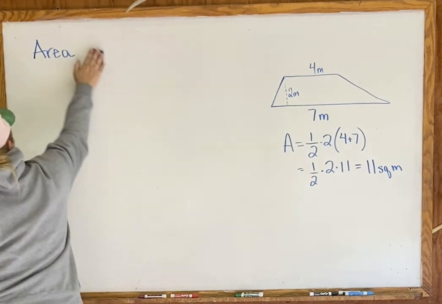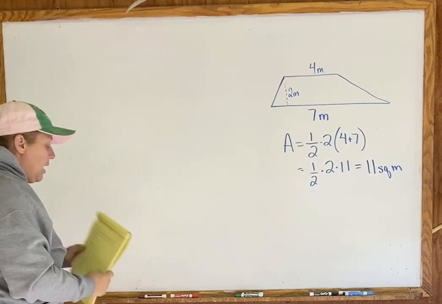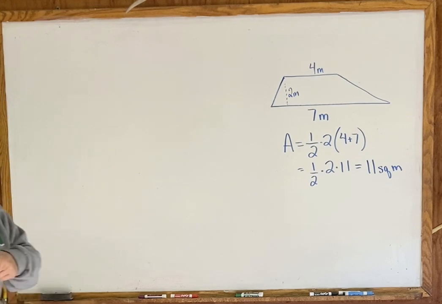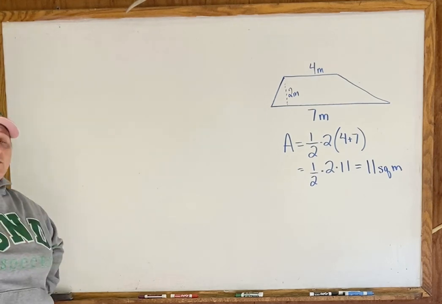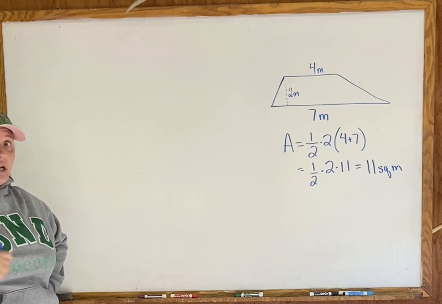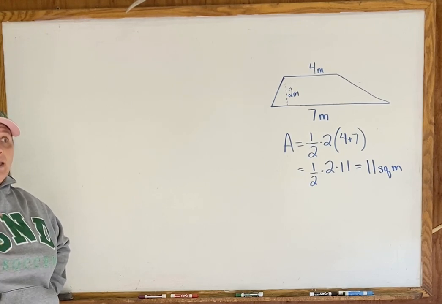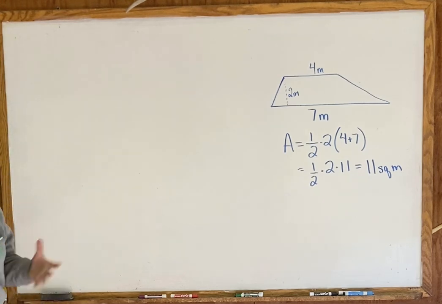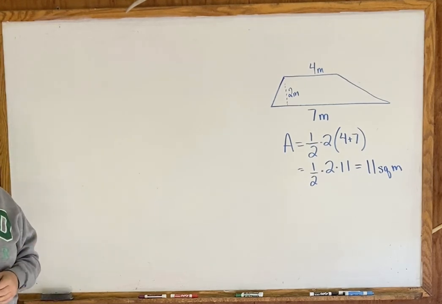So when we're dealing with polygons, whether it's a trapezoid or a square or a rectangle or a triangle, the idea is if you don't have a formula, you should be able to cut whatever shape you have into either triangles or rectangles and create a formula. So that's what we did with the trapezoid. We created a formula.